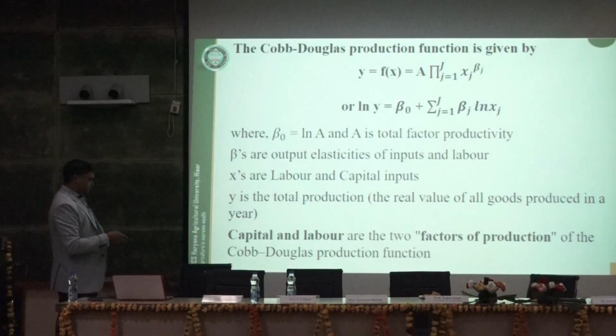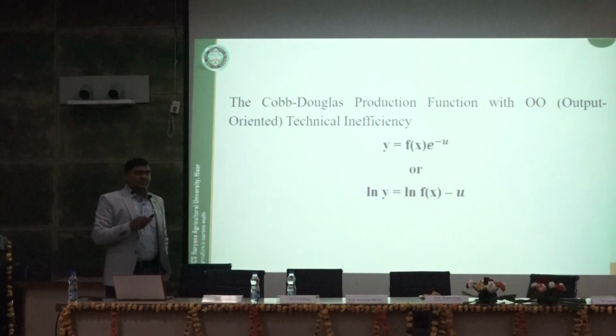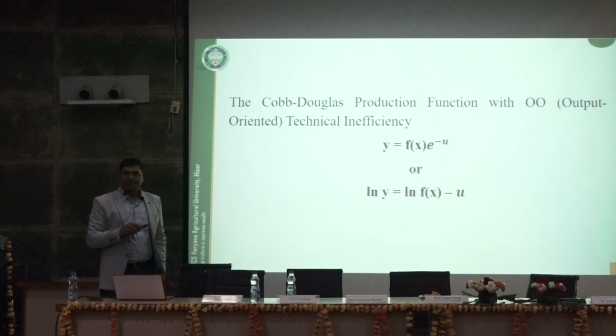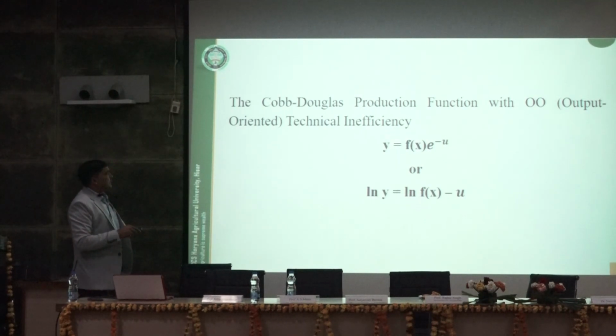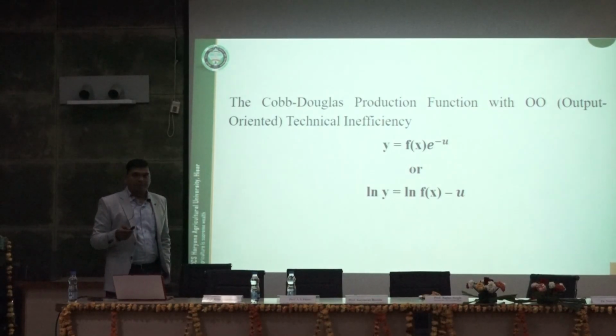Okay, and in this function, how does inefficiency occur? In the Cobb-Douglas function, y is equal to f of x, and this mu is the factor of inefficiency.